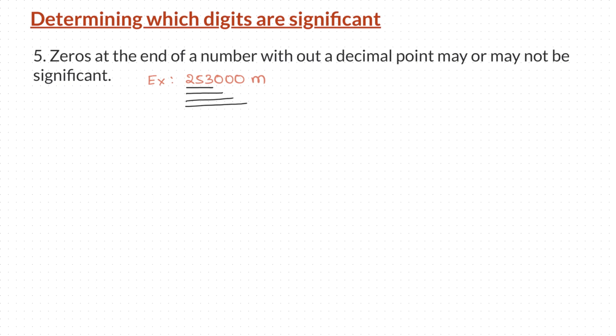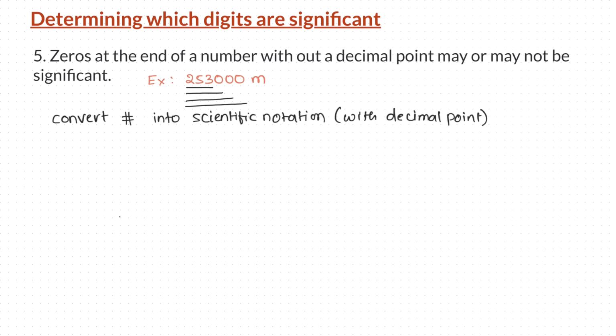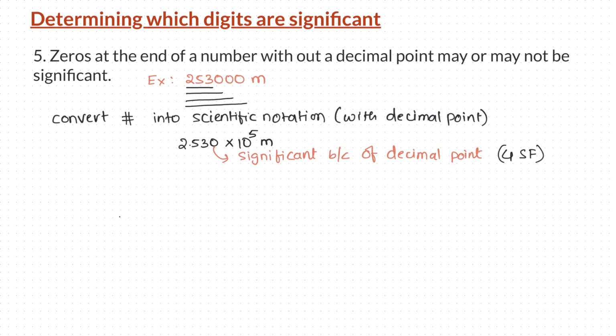If you are the experimenter and you want to convey that your measurement has 4 significant figures, you can convert this number into scientific notation, which comes out to be 2.530 times 10 to the 5 meters. Because we have a decimal point, zeros to the right are counted as significant figures. Now we have 4 significant figures in this measurement.